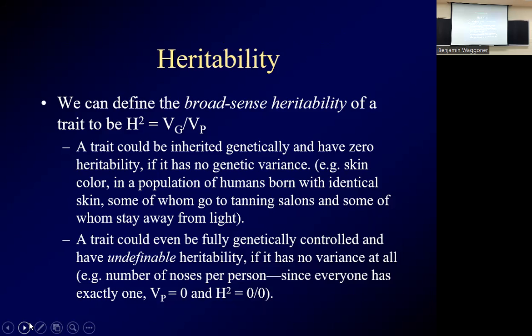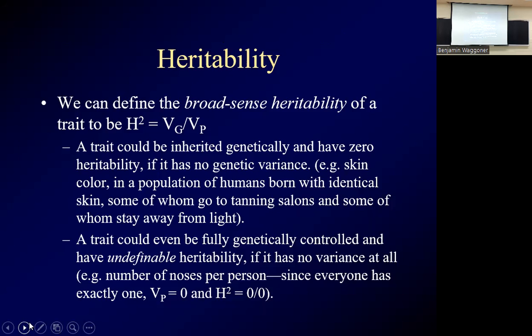So the variance in the trait is 0. Yes? So if the VP for number of noses is 0, VG for number of noses is also 0. There's no genetic variance in the number of noses. So our broad sense heritability is 0 divided by 0, right? Which is undefined. It doesn't exist.